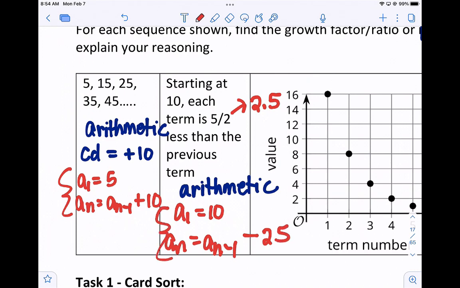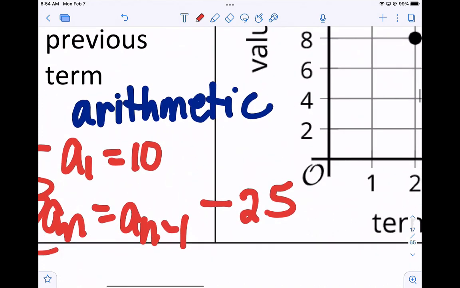So again, if you're adding or subtracting a number, and subtracting is just adding a negative, that will be arithmetic. And again, it's arithmetic if you add or subtract the same number every time. And this looks like 25, but it's 2.5.